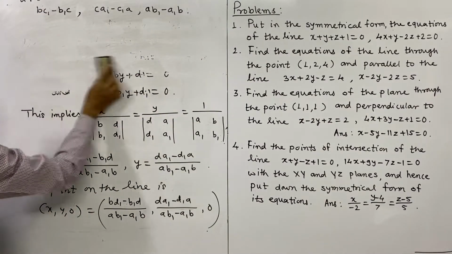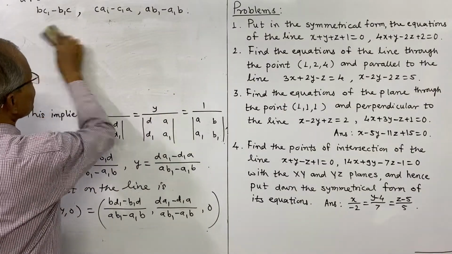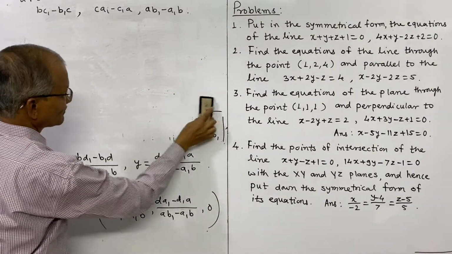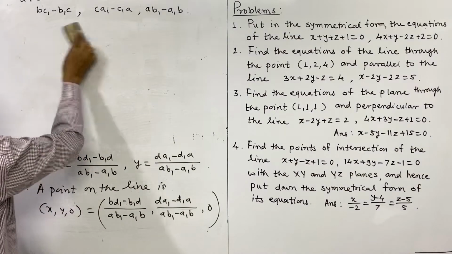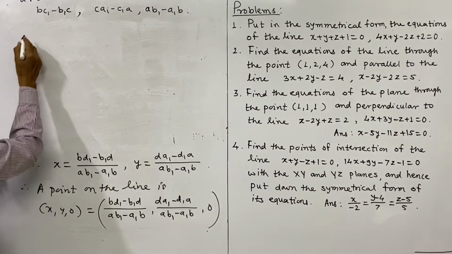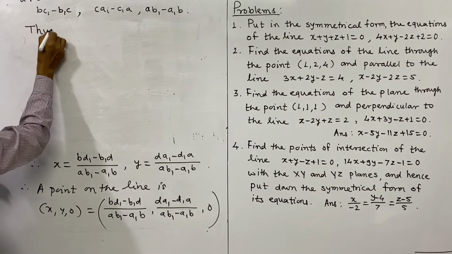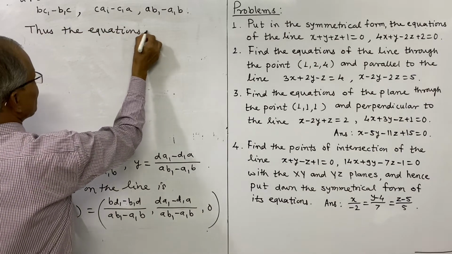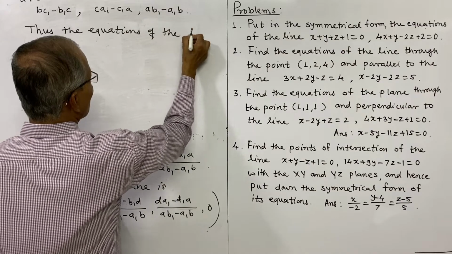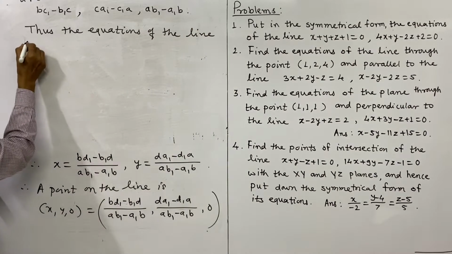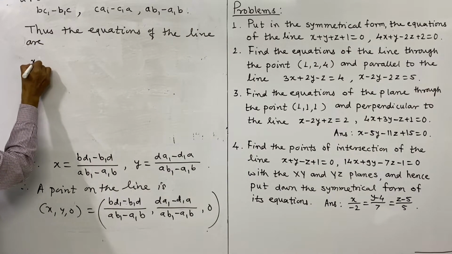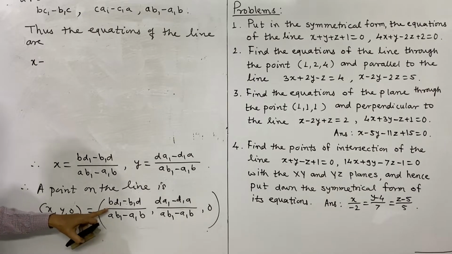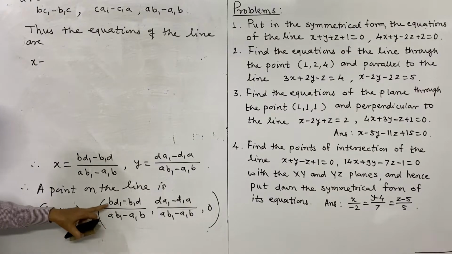So therefore the equations of the line are x minus x1. Now we have to consider the coordinates of the point as x1.